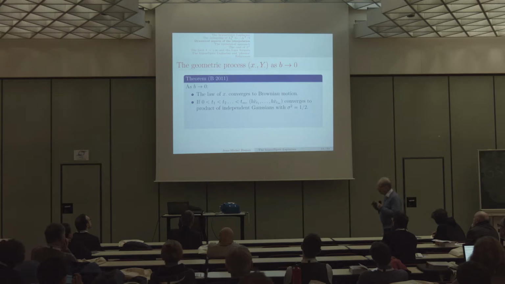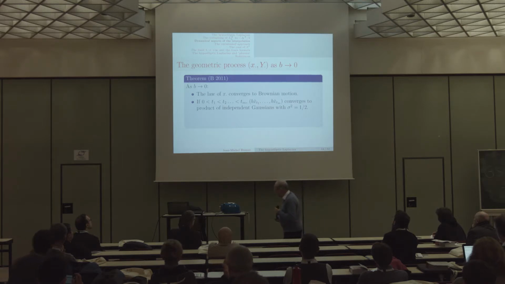Now, if you sample the speed at times t1, t2, ..., tm, the speed in principle explodes because you converge to Brownian motion. However, let's scale the speed by b. What you find is that these scaled speeds converge as b tends to 0 to a product of independent Gaussians of variance 1/2.